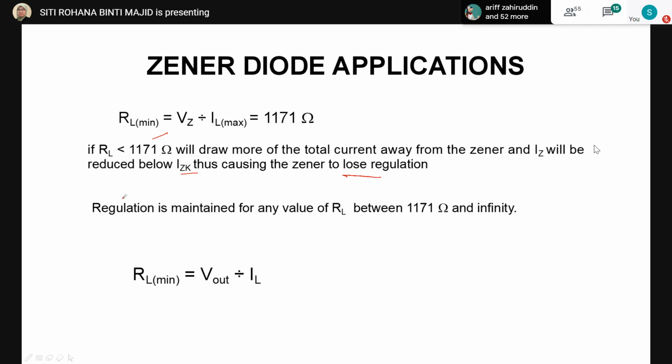The regulator properties will be maintained for any value of RL between 1171 and infinity. So therefore, we can calculate RL min as V out divided by IL.